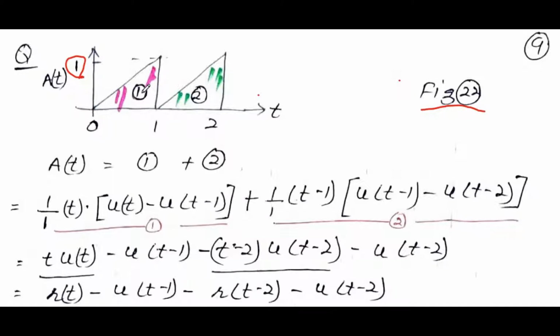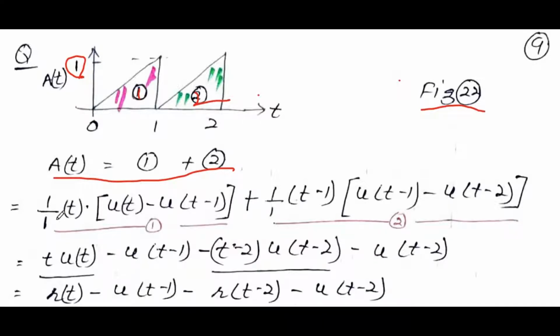Based on the previous discussion, we know that this function a of t has two parts, 1 and 2. So a of t is the summation of 1 plus 2. Now let us write down the expression for 1. As already I have told you, apply GS formula.